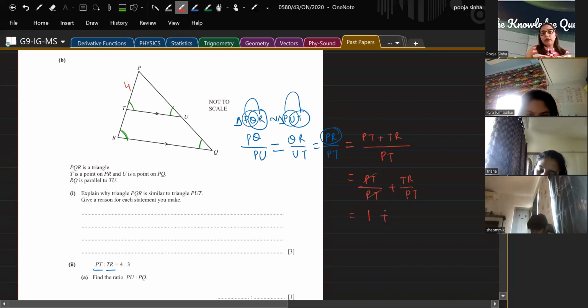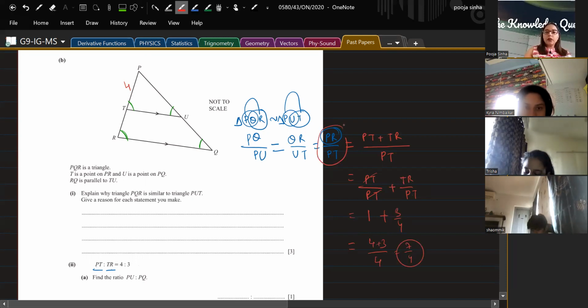TR upon PT: PT upon TR is 4 is to 3, so TR upon PT will be 3 upon 4. If you add it up, 4 plus 3 upon 4 is 7 upon 4. So I got the ratio for PR upon PT using the ratio of TR upon PT. I got 7 upon 4.